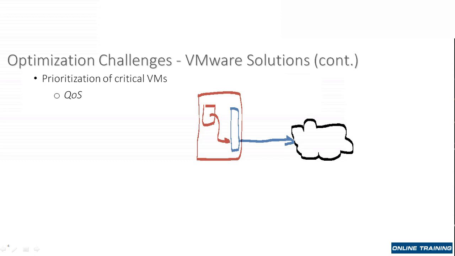And the physical network hardware can actually recognize these QoS values and prioritize traffic appropriately. So with a vSphere distributed switch, we can specify quality of service on traffic that is actually respected by the physical network.